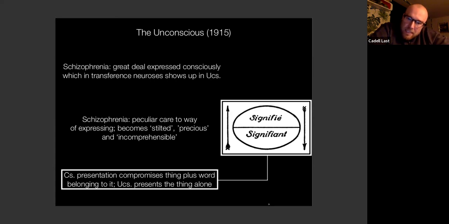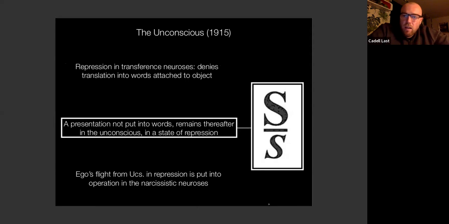That is important to consider for the next slide, where I'm going to represent the Lacanian formula of this relationship, where the signifier is over the signified. And I think this also gives us a key and a clue to understanding the ways in which the unconscious is represented, perhaps in a different way than in the transference neuroses that Freud is talking about.